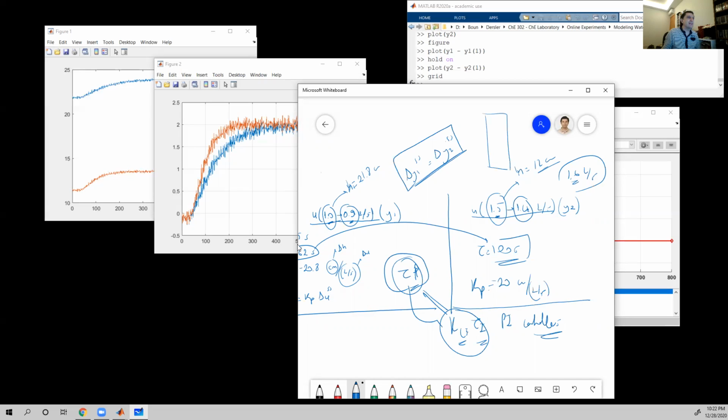Again, let's think in physical terms. This is the height of the second tank. When we are at lower heights, our tau values seem to be smaller, which means the process has faster dynamics. When you change the flow rate from the first tank, the response is faster. But when we are operating at a higher water level, and we change the flow rate, the response is slower.